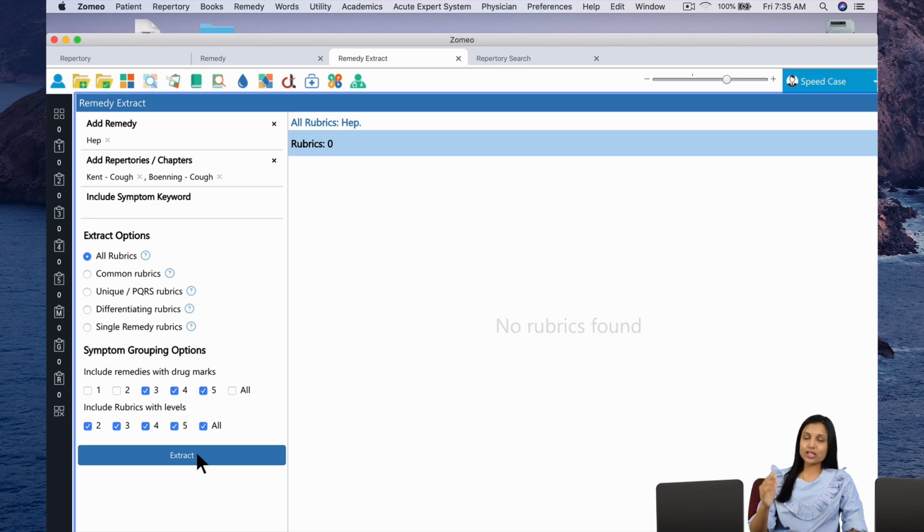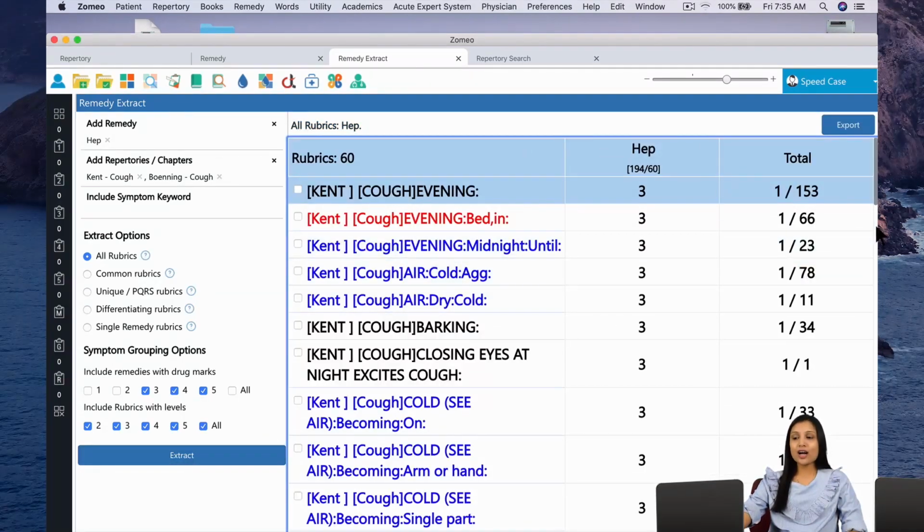In Kent's repertory, the maximum gradation is 3, whereas in the Bonninghausen repertory, it is 5. So, I deselect 1 and 2 so that only 3, 4 and 5 are selected, and I click extract. And now you can see that there are 60 rubrics in Kent as well as BBCR in which Hepar Sulph is represented with maximum gradations.